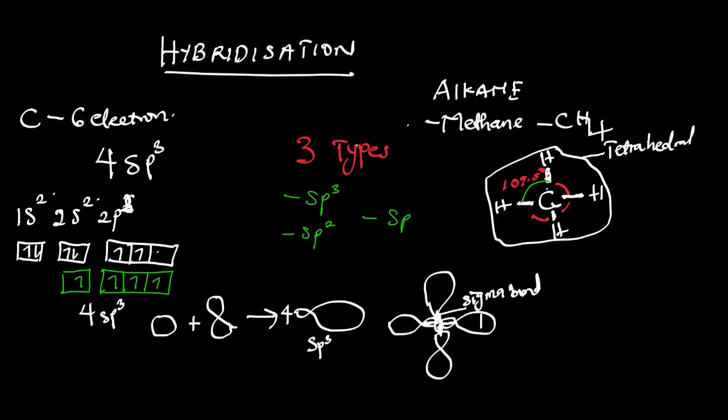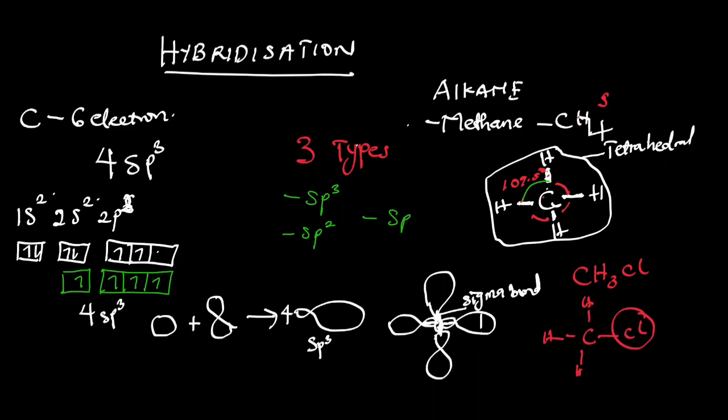So apart from this carbon forming bonds with hydrogen, remember hydrogen is S, it can also form bonds with chlorine, such as chloromethane, which is CH3Cl. If it forms like this too, it's also similar.